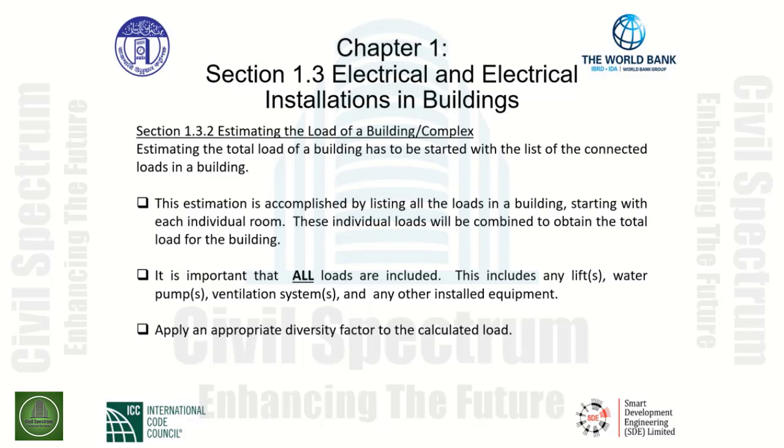These individual loads will be combined to obtain the total load for the building. It is important that all loads are included. This includes any lifts, water pumps, ventilation systems, and any other installed equipment, applying appropriate diversity factor to the calculated load.